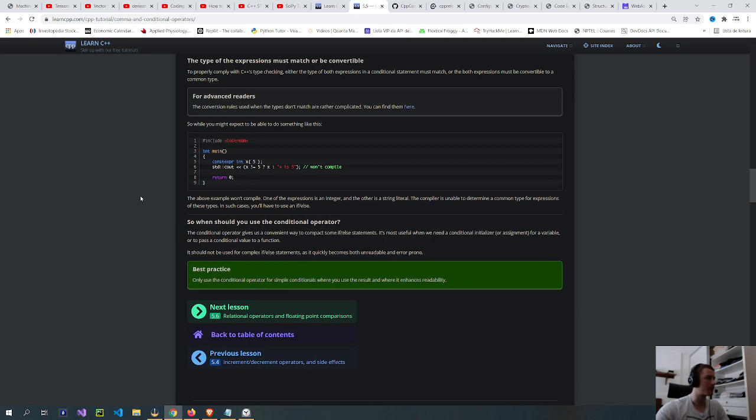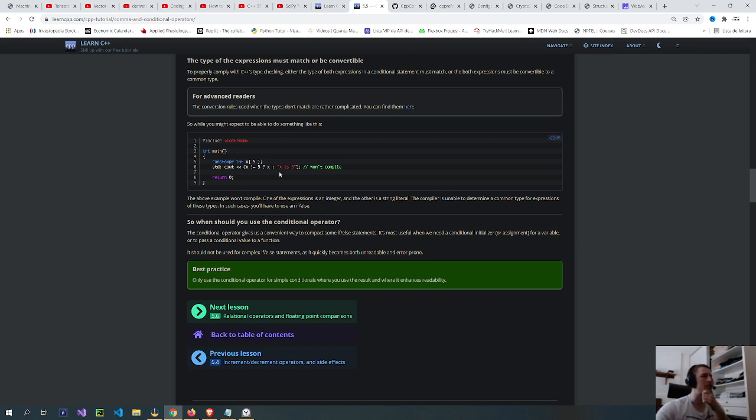So while you might expect to be able to do something like this, the above examples won't compile. One of the expressions is an integer and the other is a string literal. The compiler is unable to determine a common type for expressions of these types. In such cases, you have to use an if-else statement.